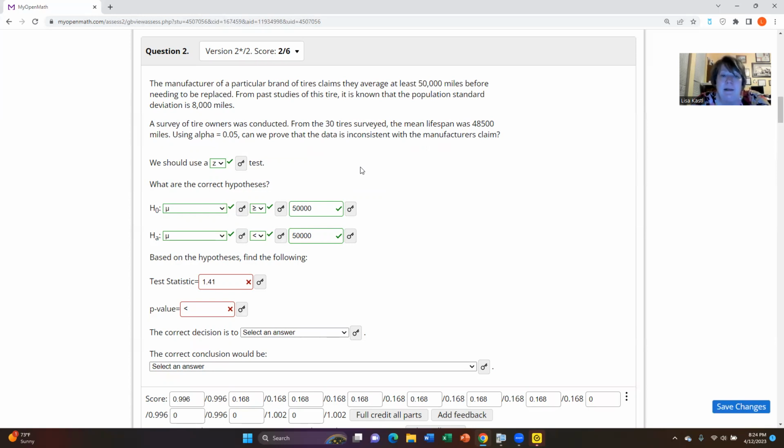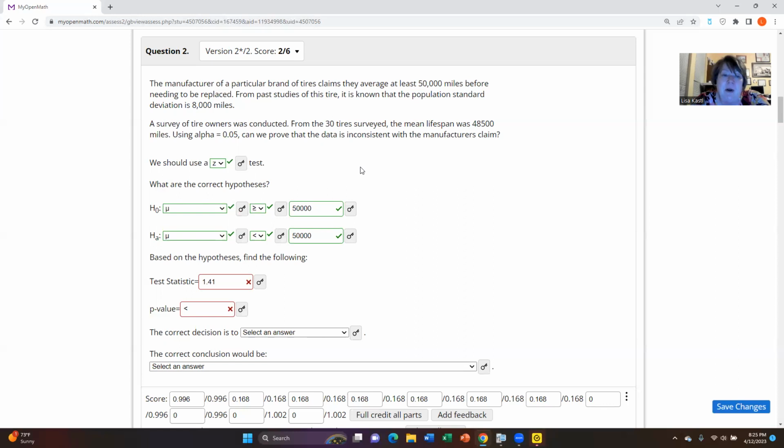From past studies of this tire, it is known that the population standard deviation is 8,000. So I know I'm going to use a z-test because they tell me the population standard deviation.